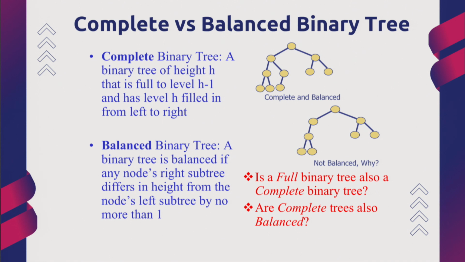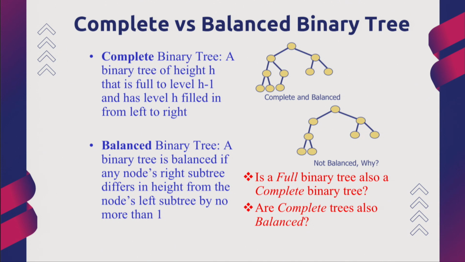The notion of balanced is that we measure the height of the left and the right subtree, and the difference in their heights should not be greater than 1. Only then we call the tree balanced. If the height of the left subtree is 5 and the height of the right subtree is 2, the difference is 3, and in such a case we can't call it a balanced binary tree.